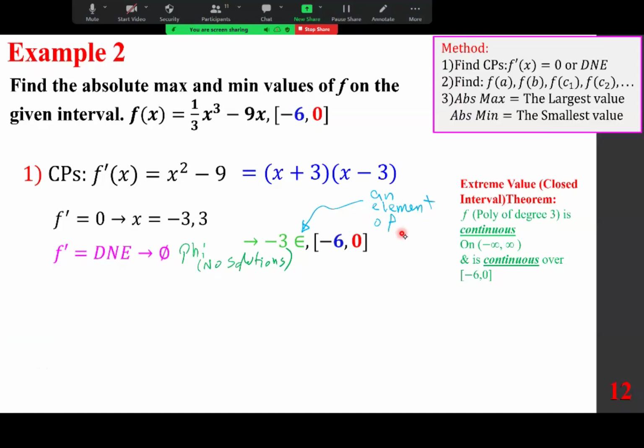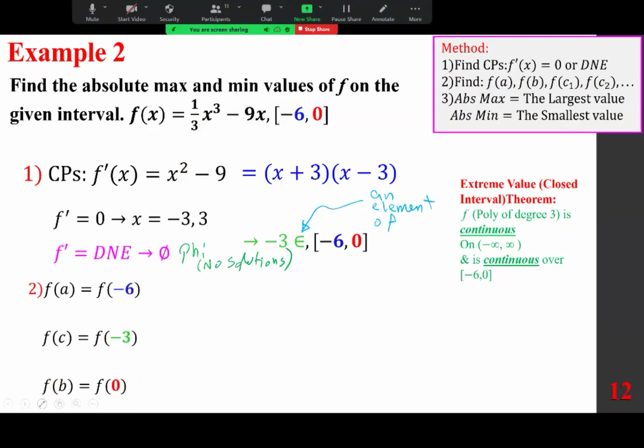And so we are going to go to the next step. Find f of a, f of b, and f of the critical point. So you plug in -6, 0, and -3. You want to evaluate those. For 0, it's very simple. Everything goes to 0, so that takes a split second.